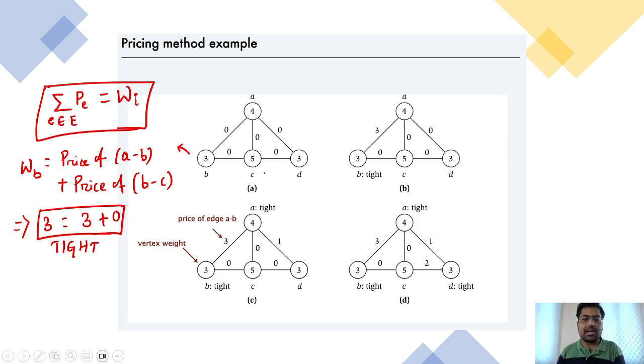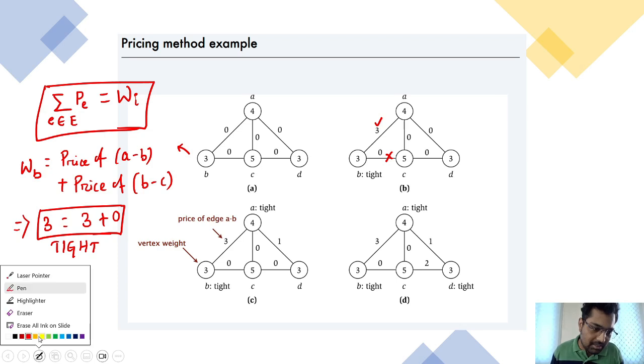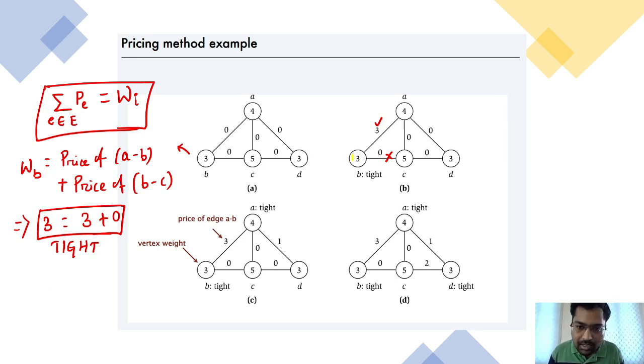If your setting is tight, one if it is selected, another has to be discarded. Clear? Because these are two incident edges towards the vertex. Next I am just highlighting it, like we have selected this one as our tight node, means this is one of our vertex cover we have selected, the minimum weighted vertex cover.